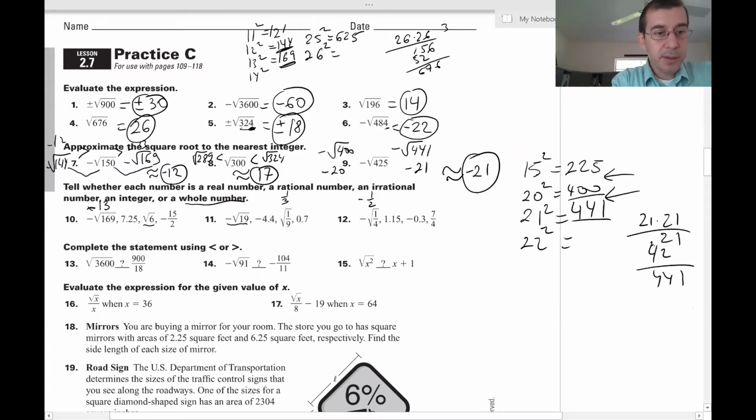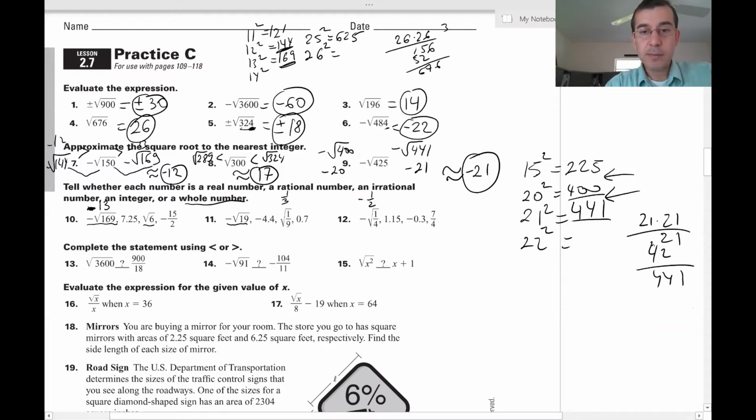For number 10, the integer is going to be minus 13, or minus square root of 169 actually. And that's it. So one integer. Then for number 11, we don't have any integers. For number 12, we don't have any integers.